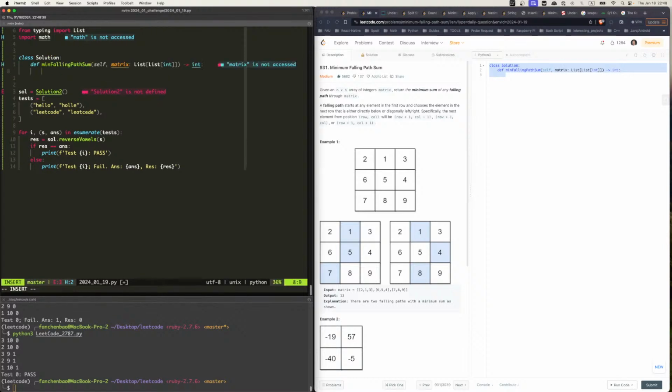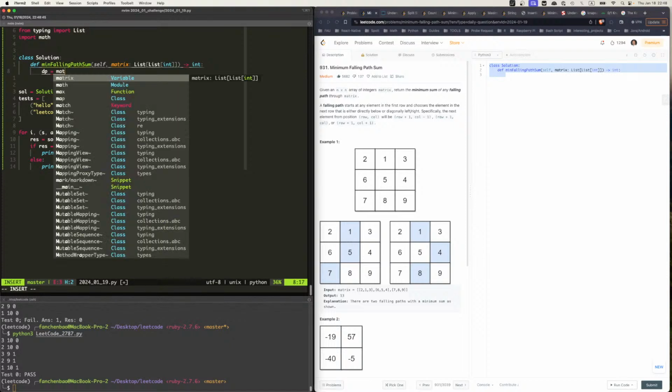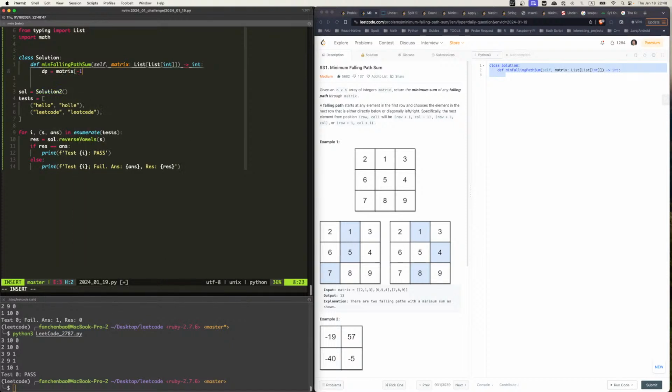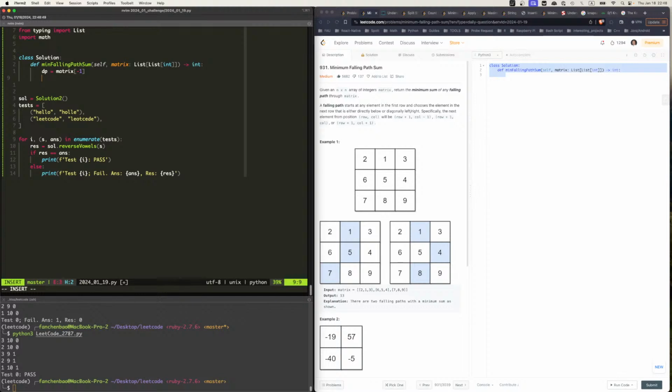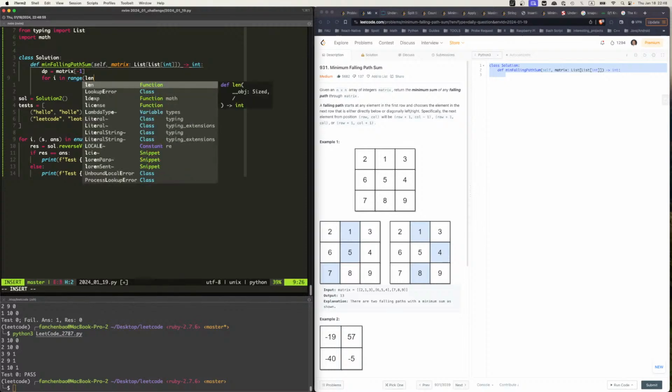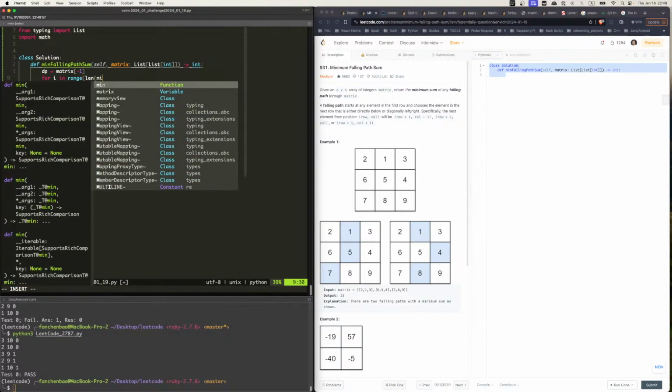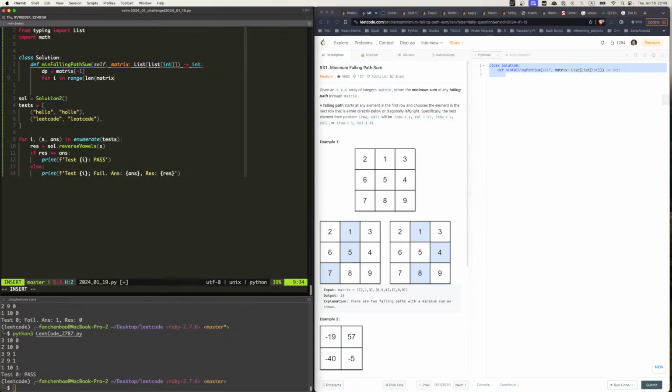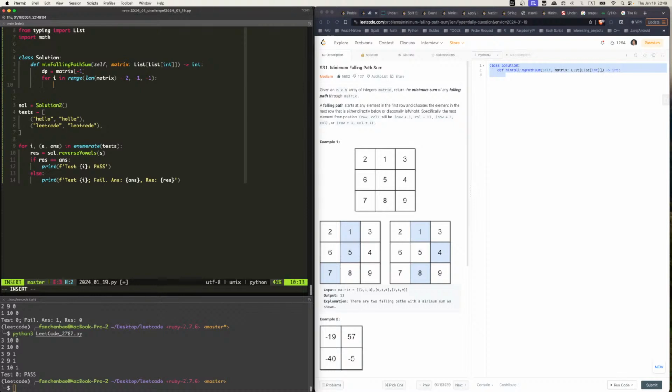Okay, so here's what we're gonna do. We're gonna say DP is gonna be matrix, right? Matrix minus 1. That's the DP. And we're gonna say for i in range len matrix minus 2, right, to the first one.